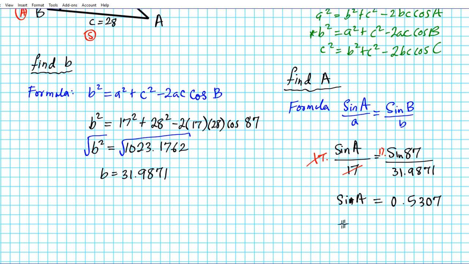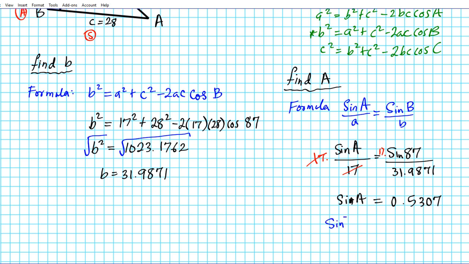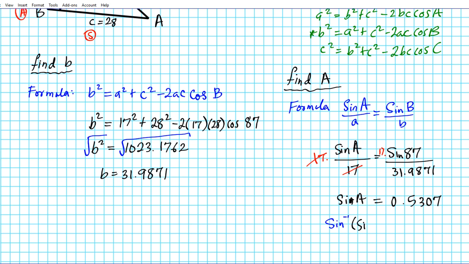And then we take the inverse sine of both sides of the equation, inverse sine of sine A, and the inverse sine of the right side, 0.5307, and then you have big A is approximately 32.0552.